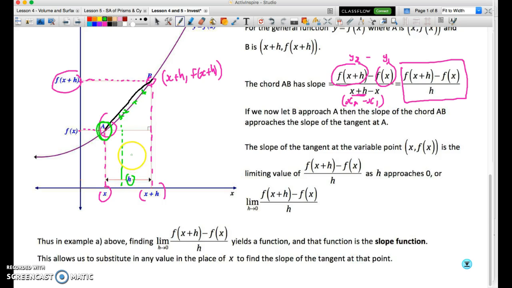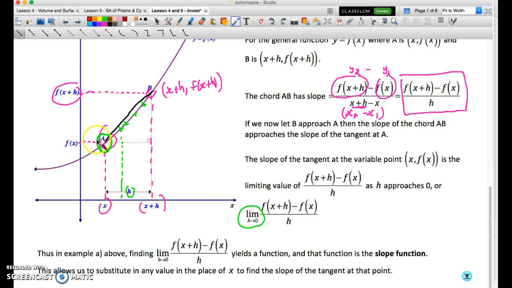And so as we reduce the h value, which is this part over here, as h approaches 0, the slope of the secant will approach the slope of something called a tangent.